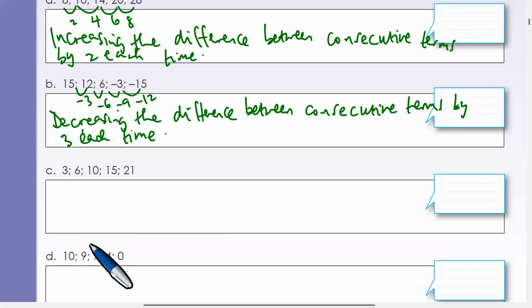Okay, let's check. What is the difference between 3 and 6? 3 has increased by 3. Now it has increased by 4.